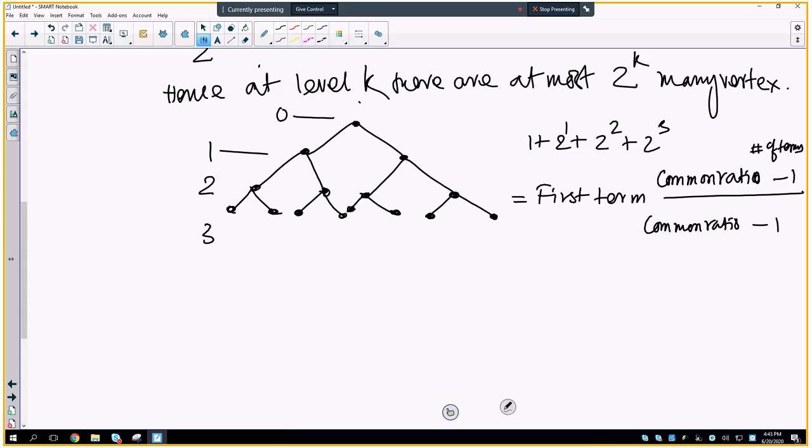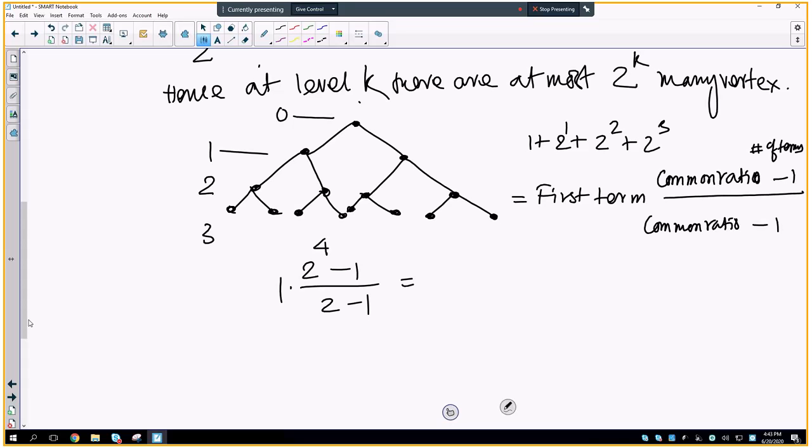minus 1. So let's use that example, 1 plus 2 to the power 1 plus 2 squared plus 2 cubed, to find the sum of the total number of vertices. See, the first term is 1. Every time I'm multiplying by 2 to get the next term, so that's the common ratio. There are a total of 4 terms, so this is 2 to the power 4, minus 1, all over 2 minus 1. So how much do I get?